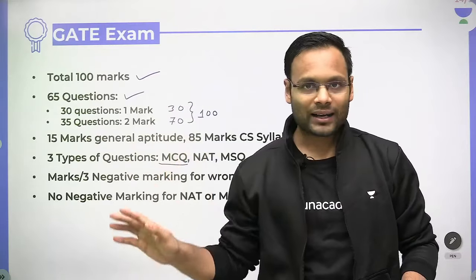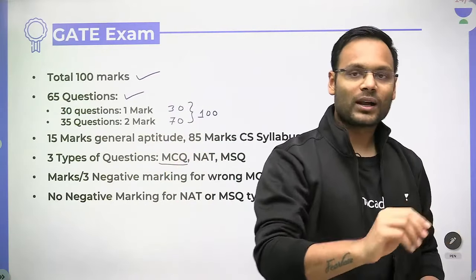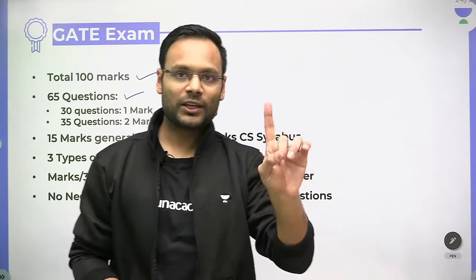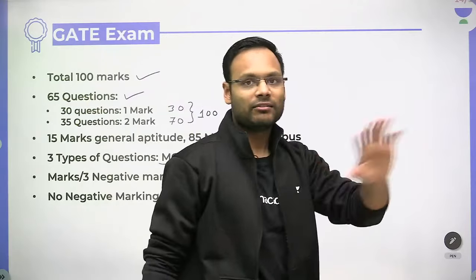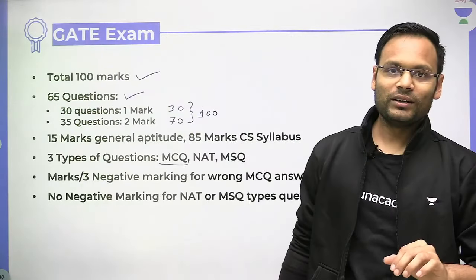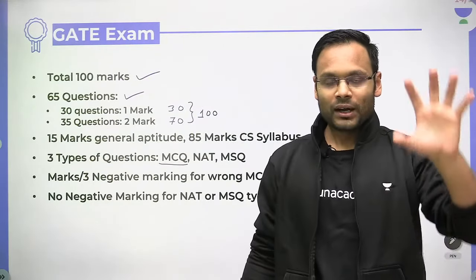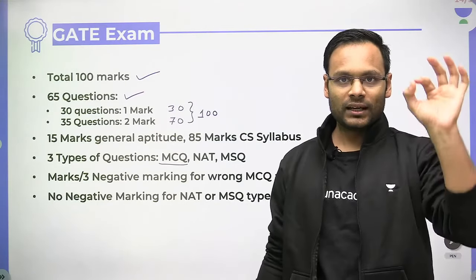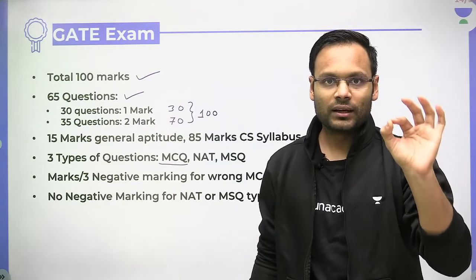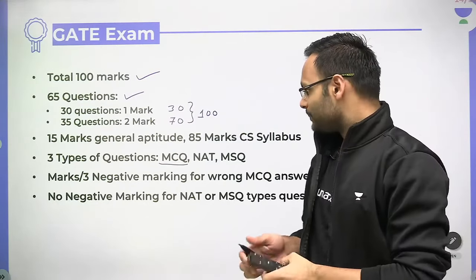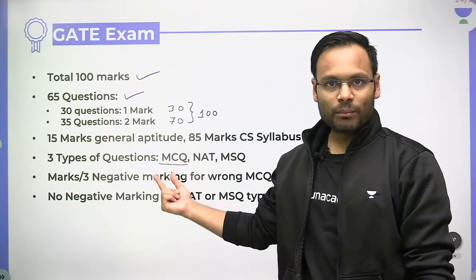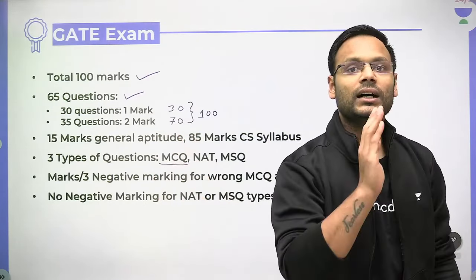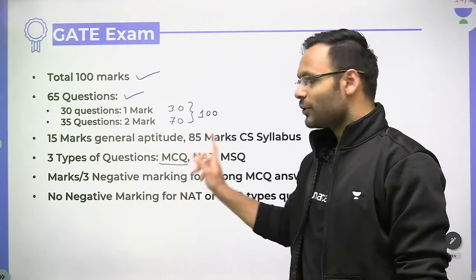It means definitely no marks are given, plus whatever marks you have are subtracted. How much? If it is a 1 mark MCQ, then 1/3 will be subtracted from your score, and if it is a 2 mark question, then 2/3. So whatever mark the question carries, divided by 3 will be the negative marking for an MCQ type question.